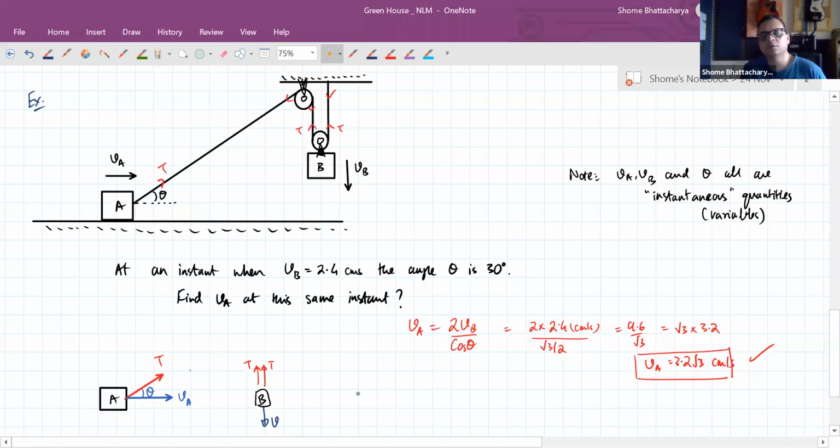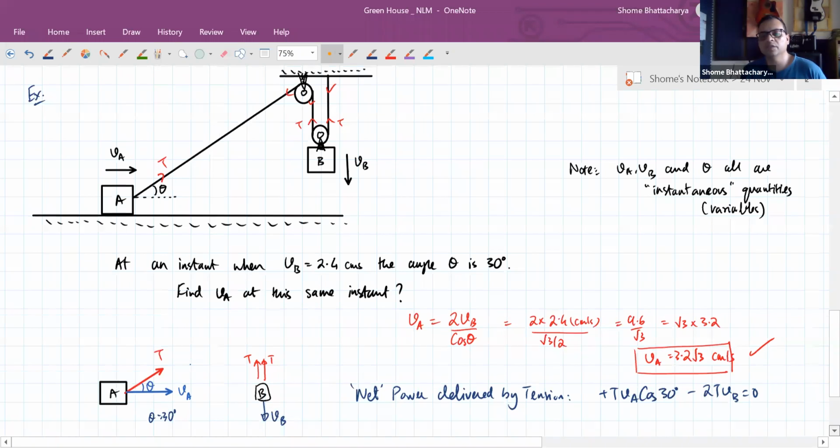So net power delivered by tension is plus T VA cos 30 degrees, theta here is 30 degrees, minus 2T into VB. So this should be 0.